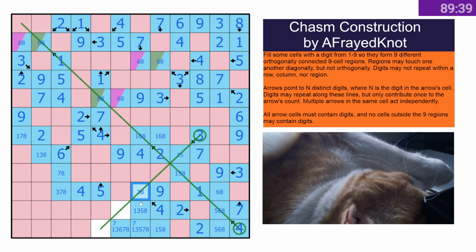3 puts a 6, 8 pair there. Puts a 7, 5, 5, 1, 3, 1. 1's there.